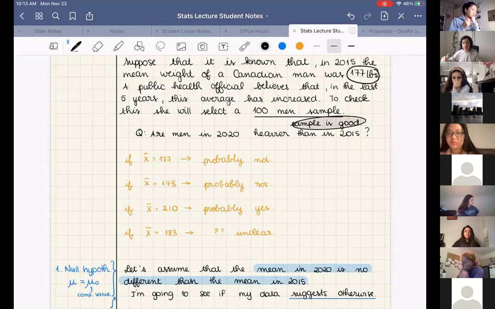Just due to random chance, because there's always variability when I choose a sample of 100 men. So even though the null hypothesis is true, it would be possible for me to get an extreme result.